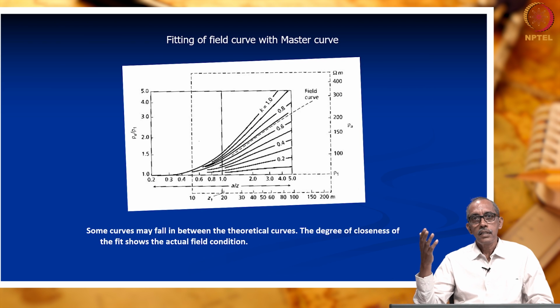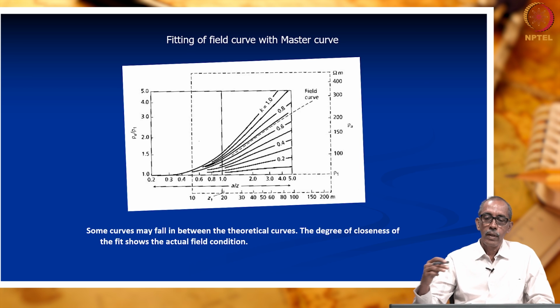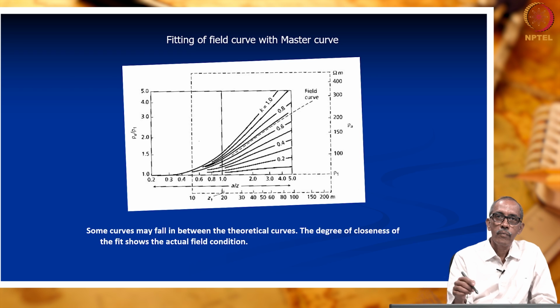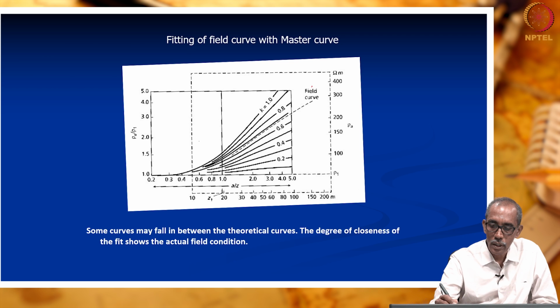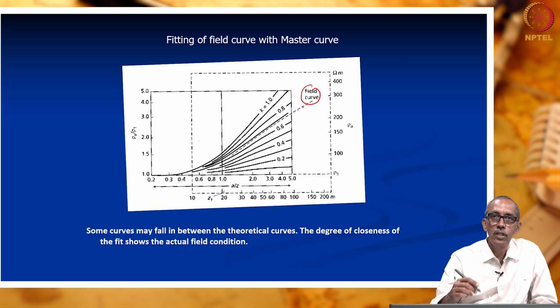Then this is what I have shown you in the previous slide. Here we have both the field curve as well as the theoretical curves superimposed over each other and we try to get the best matched position. So, this dotted line is the field curve and all the solid lines are the theoretical curves. How did we arrive at theoretical curves?